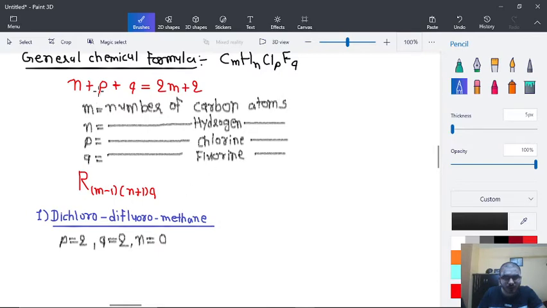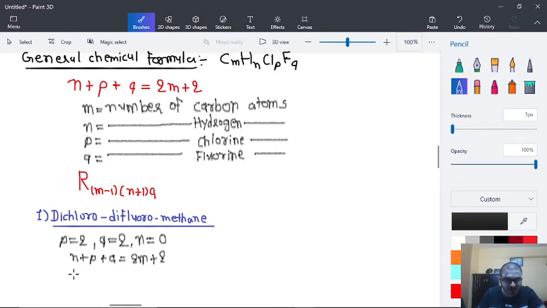So now we will apply this equation, that is, let me write down that N plus P plus Q is equal to 2M plus 2.